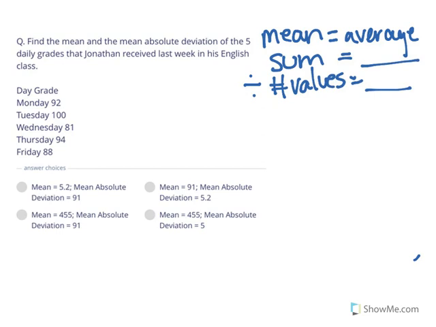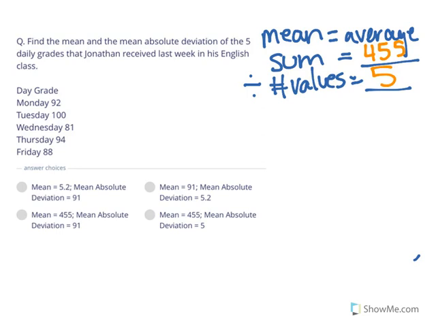So, my number of values, I have 5 days, so I'm going to divide by 5, and I'm going to add them up. This is where I go to my handy dandy calculator, and I'm going to add 92 plus 100 plus 81 plus 94 plus 88, and I get 455.